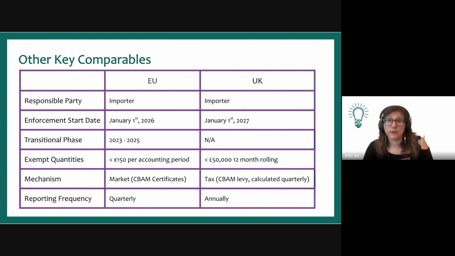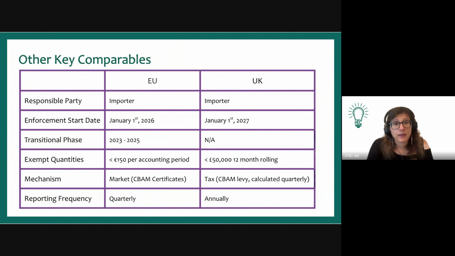It's going to be important to forecast how much material you're planning to import so that you can get an idea of the quantity of certificates that you need. And there will be upside to be had potentially on buying low and selling to your competitors high, in the same way that we've seen clever companies in the ETS regime manage their emissions trading certificates to actually create a profit rather than a liability.